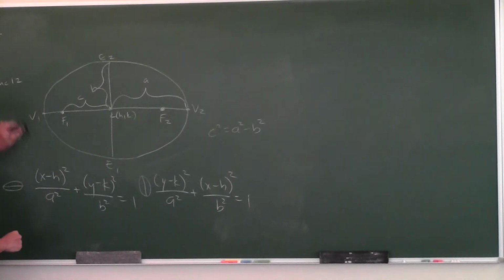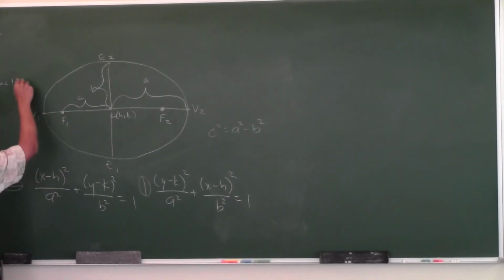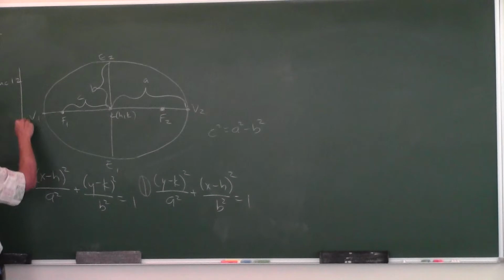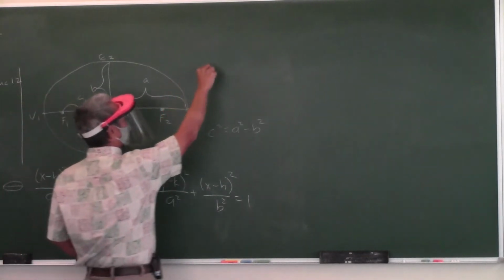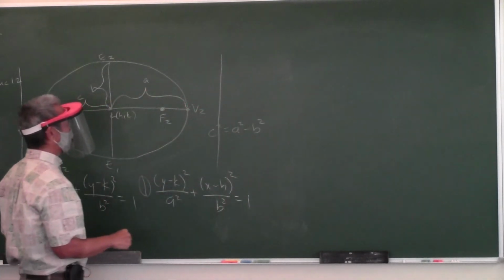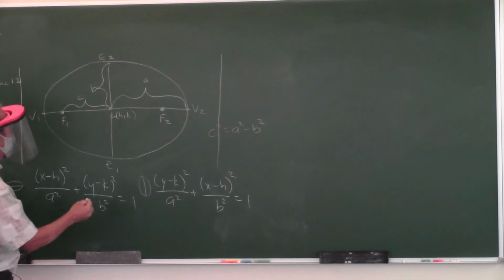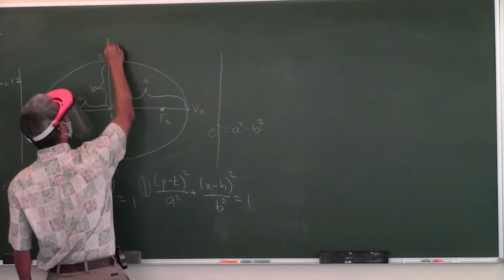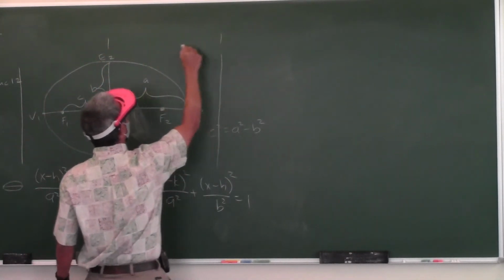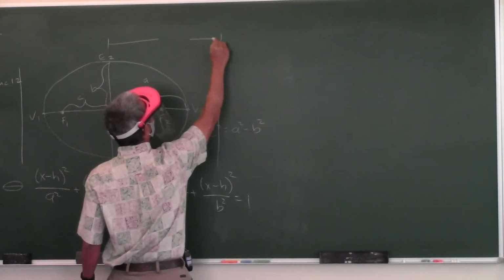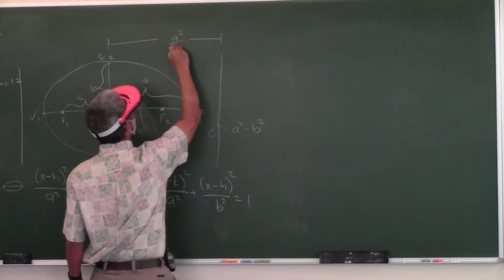So if you have an ellipse, there's two foci. So that means there's going to be two directrices. You're going to have one directrix on this side and another directrix on this side. What would be the distance from the center to the directrix? You know what? I'm just going to tell you. a squared over c.